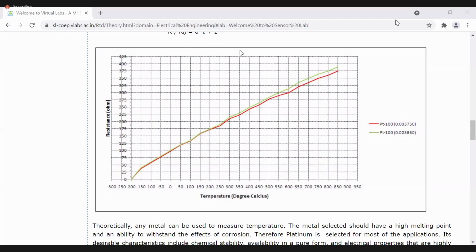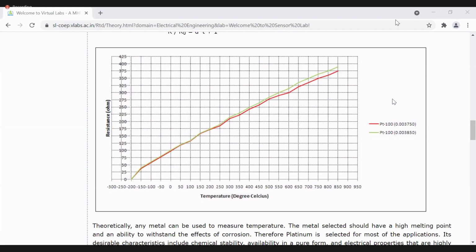CSC 13, Vidya. Yes, sir. Vidya, are you able to see the graph? Yes, sir, I'm able to see it. Why are we using the name PT100? According to the graph, can you tell me the reason? That is not in the data, I know that, but any guess by seeing this graph?